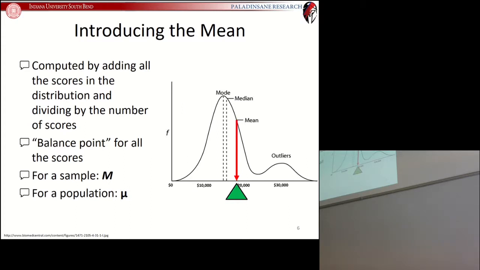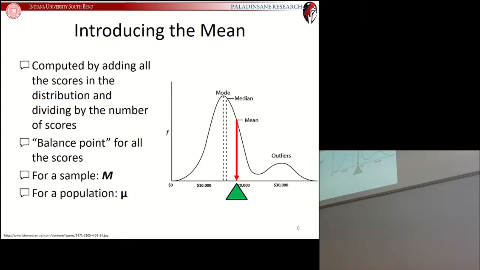This is the balance point for all the scores. If you had to balance that frequency distribution, what point along those possible scores would let you balance it? That's what the mean calculates. And the further away a score is, much like a weight on a scale, the more it tips the mean, and the more the mean has to move to readjust that balance point.